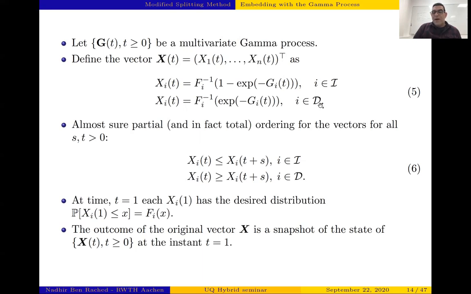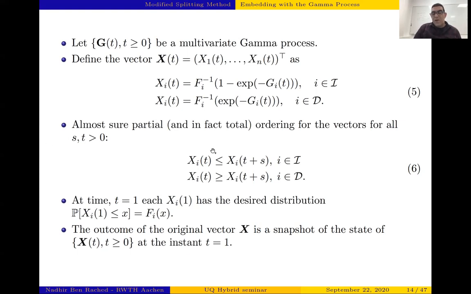And when i is in D, it's the inverse of the CDF of the random variable i applied to exponential of minus Gi(t). So from equation 5, and knowing that G is increasing in time, we deduce that we have almost sure partial, and in fact here we have total ordering of the vector for all s and t.